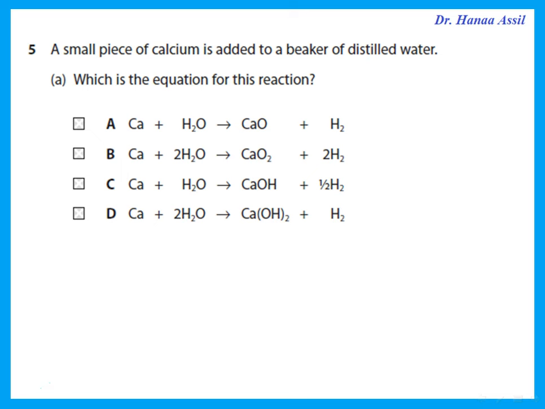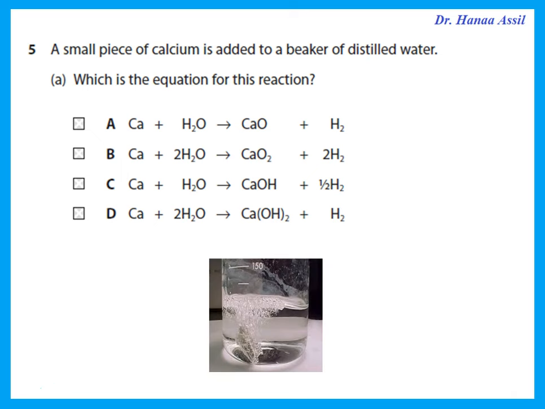Question 5 says a small piece of calcium is added to a beaker of distilled water. Remember, putting calcium into distilled water, we said calcium will sink, and this is cold water, so it will form calcium hydroxide. So first of all, you should know that when we put calcium in cold water, it should form calcium hydroxide.